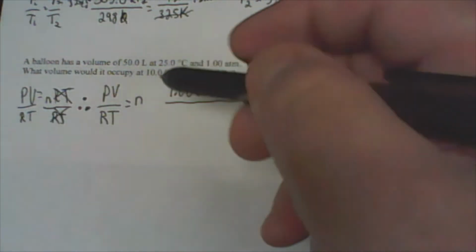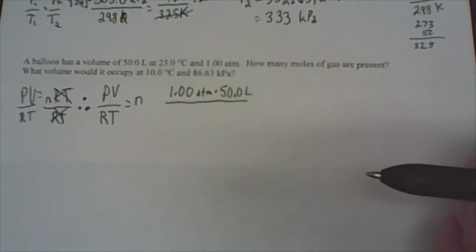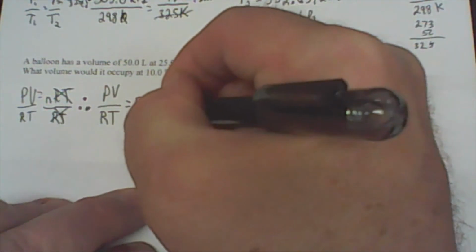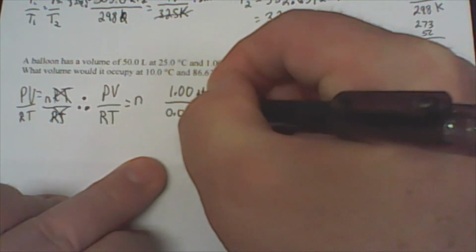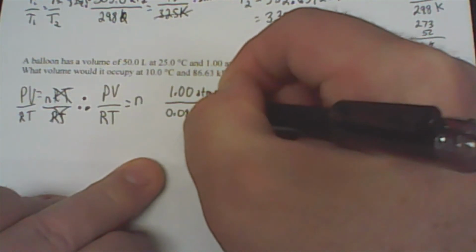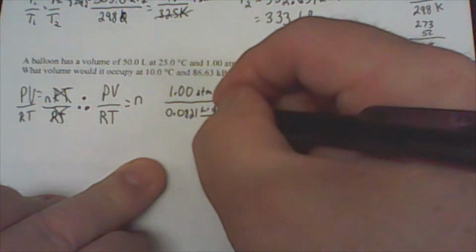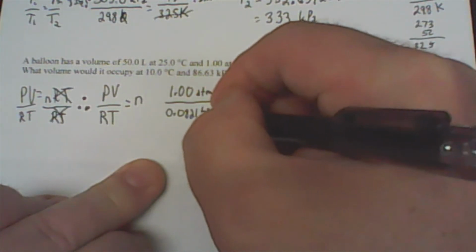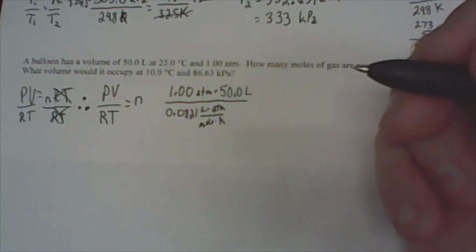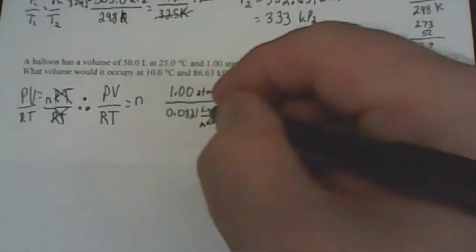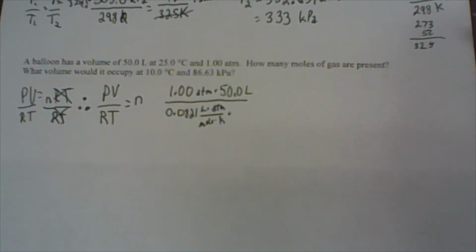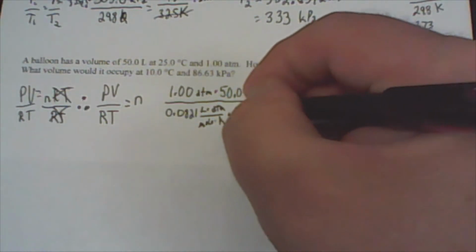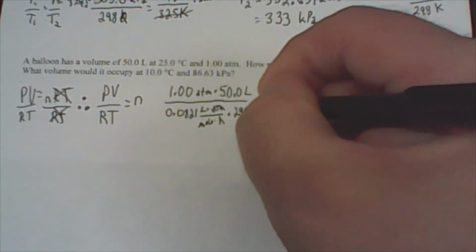That's right. Since I'm using atmospheres, my value for R should be 0.0821 liters times atmospheres divided by moles times Kelvin. And my final term there is temperature, and that is going to be 25 degrees Celsius, which is how much? That's right, 298 Kelvin.